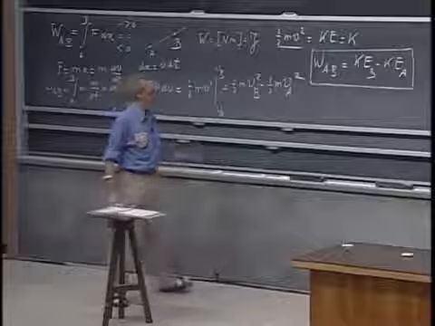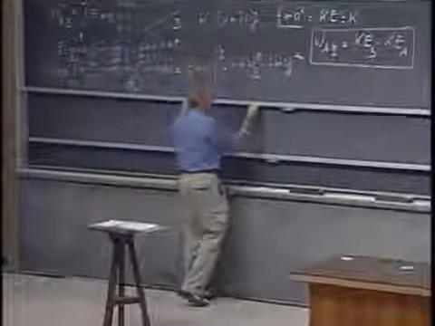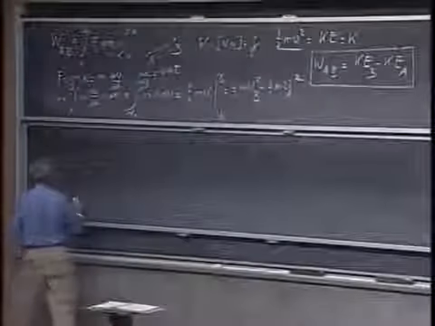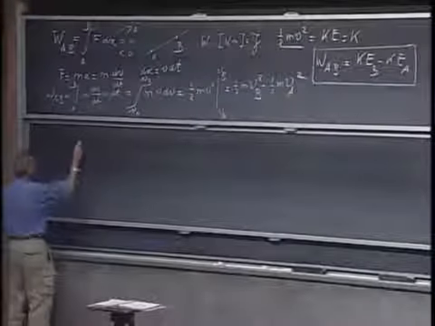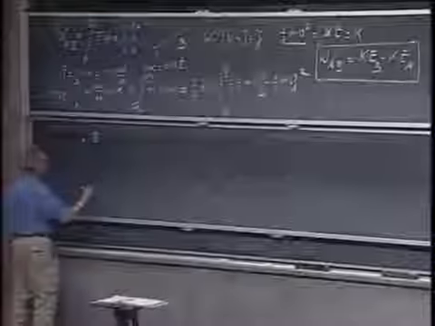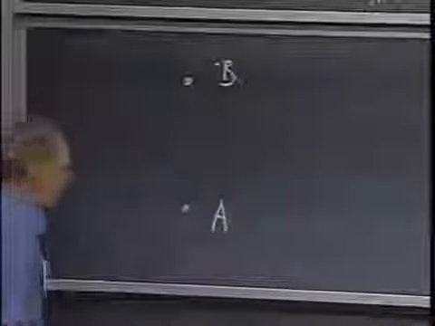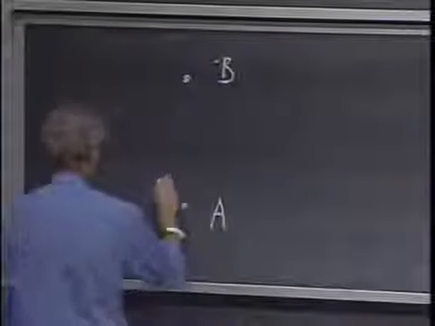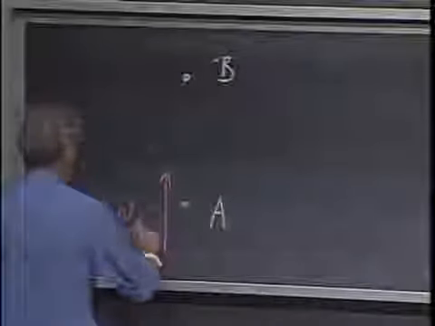Let's do a simple example, applying this work energy theorem. I have an object that I want to move from A to B. I let gravity do that. I give it a velocity. Here is the velocity VA.